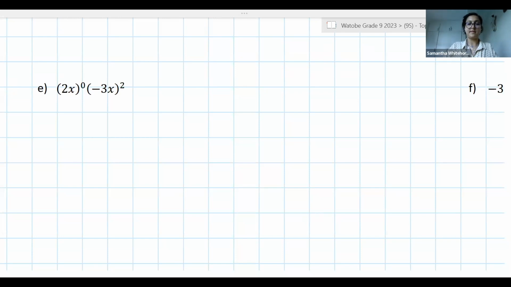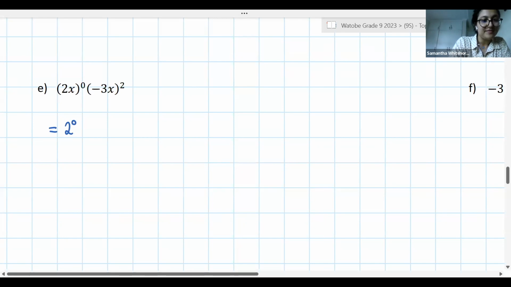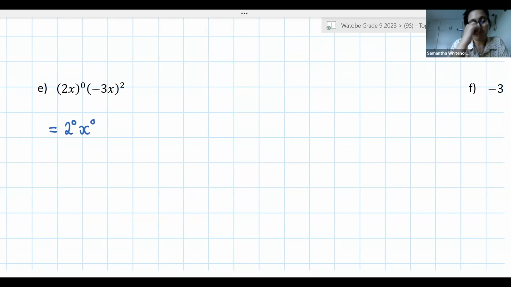Yes, ma'am. I say, ma'am, 2 to the power 0, ma'am, is still 0, isn't it? Which is also x, which is 1 times 0 is still 0, which will still give you 0 for everything. Then say -3 squared, and x 1 times 2 gave me 9x squared.